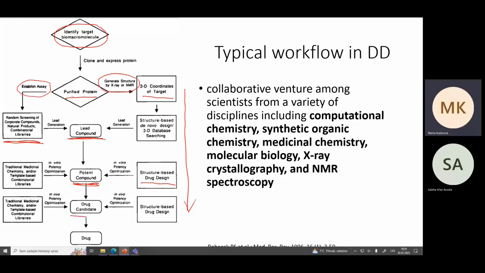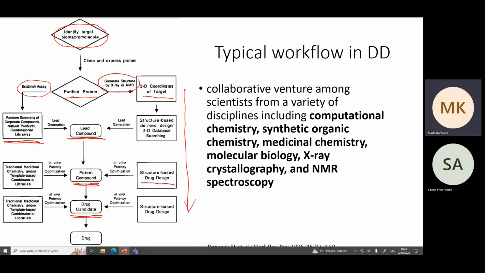And the compound that is produced by this process is called a drug candidate. This compound has already a chance to become a drug that is registered on the market.